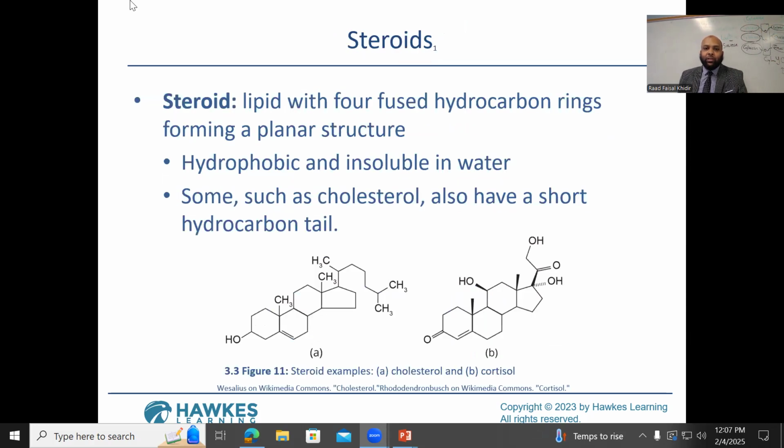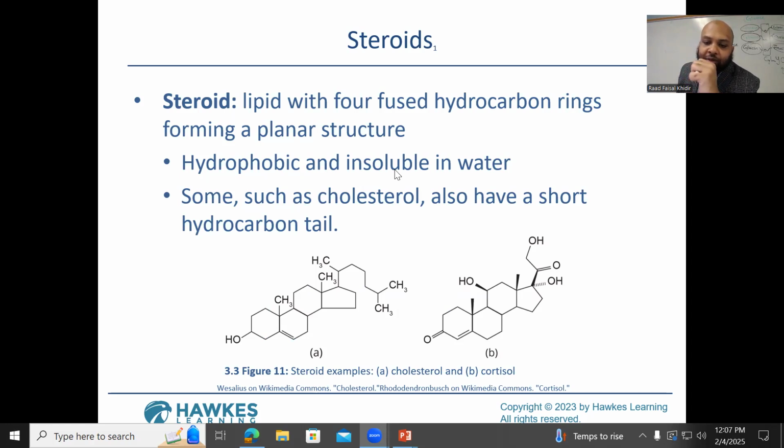Steroid. Now, if we look at the steroids, these are made up of cholesterol. If you see four rings, 1, 2, 3, 4, that's a cholesterol. The steroid is a lipid with four fused hydrocarbon rings forming a planar structure. So they are hydrophobic and insoluble in water.